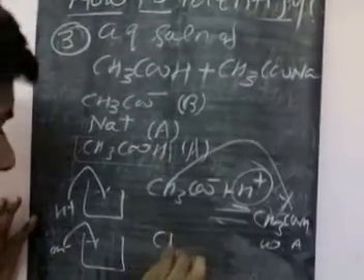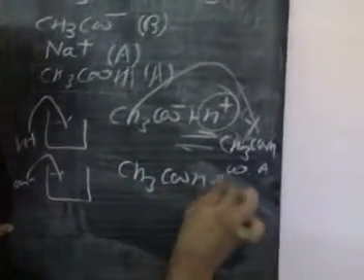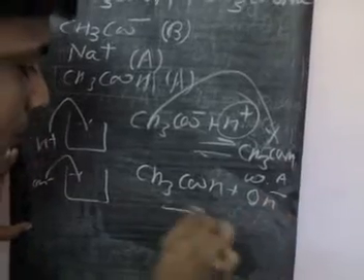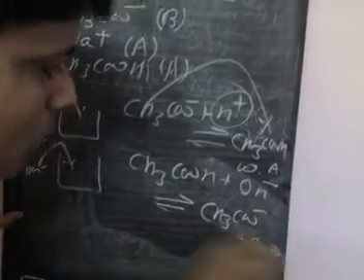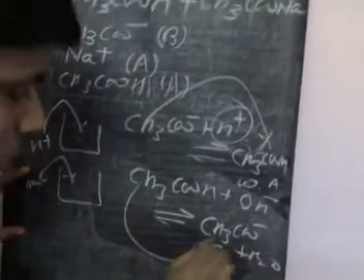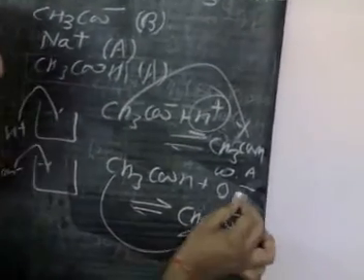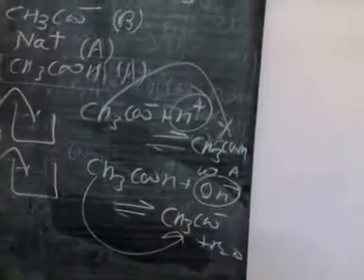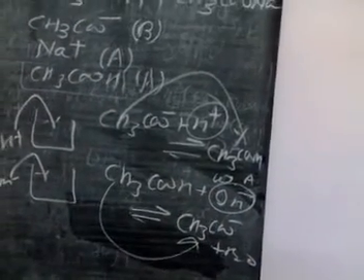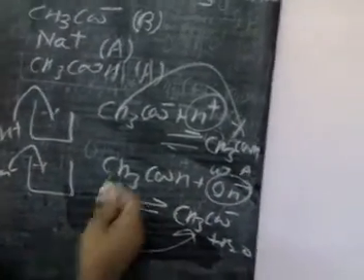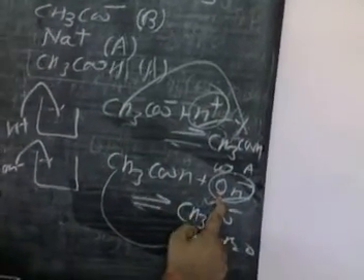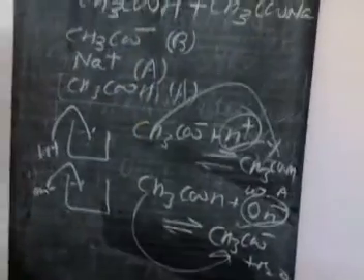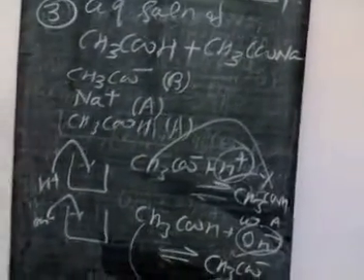That's why OH minus will be consumed by CH3COOH, and we will get CH3COO minus plus H2O. The reaction lies mostly in the forward direction, so OH minus is consumed. In this case, both H plus as well as OH minus are consumed. That's why this solution is a buffer solution.